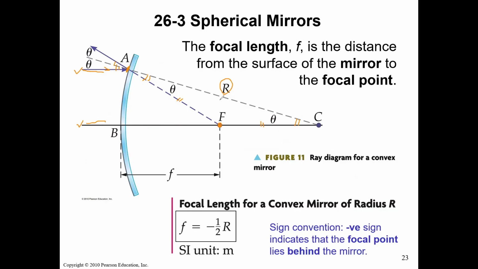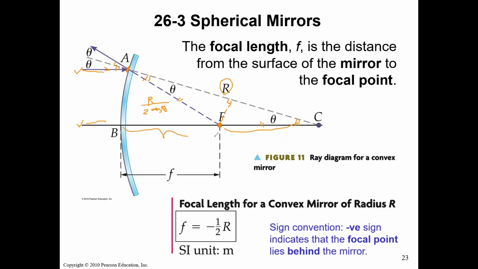And then we can draw a perpendicular line from F to AC, and we find out that AF is basically R divided by 2, and then further divided by cosine theta. And this is the same as FC, because the two legs are the same.